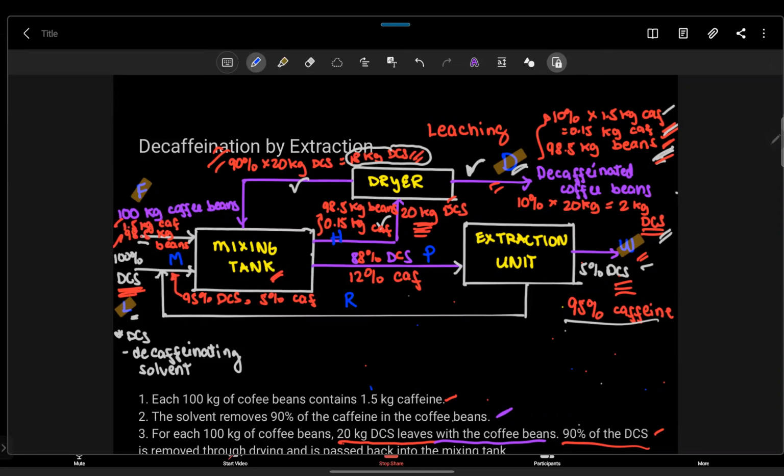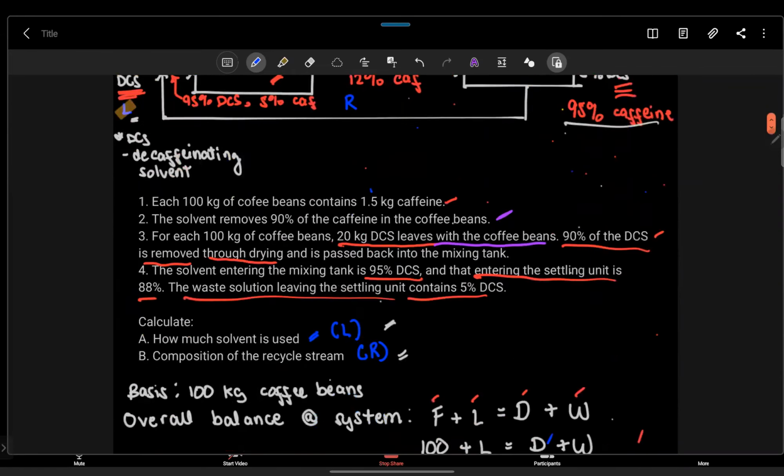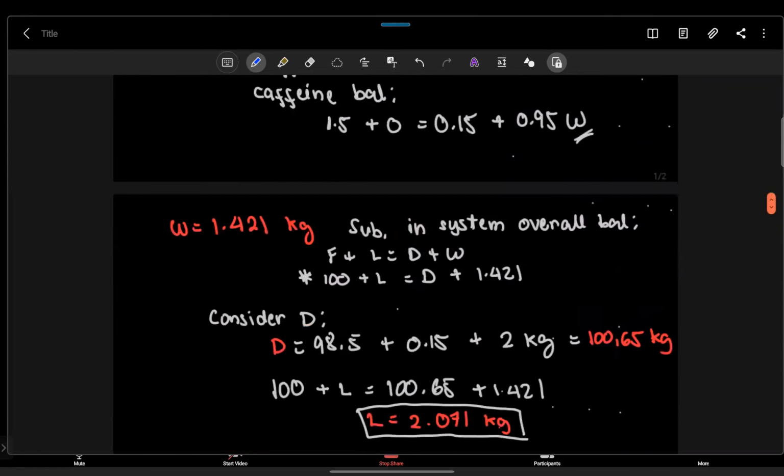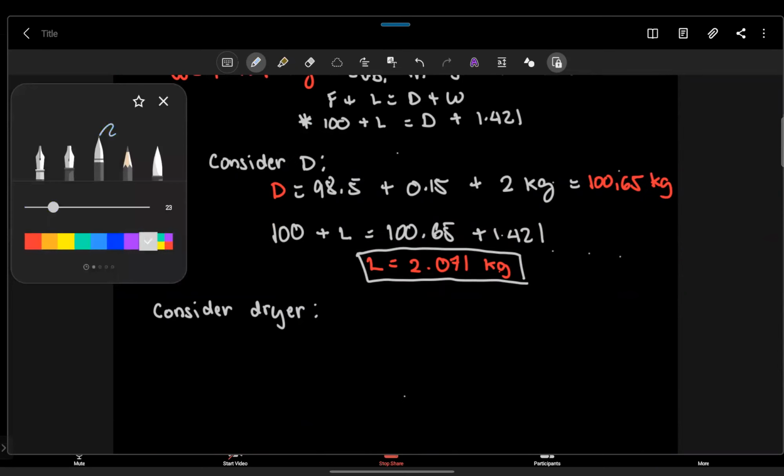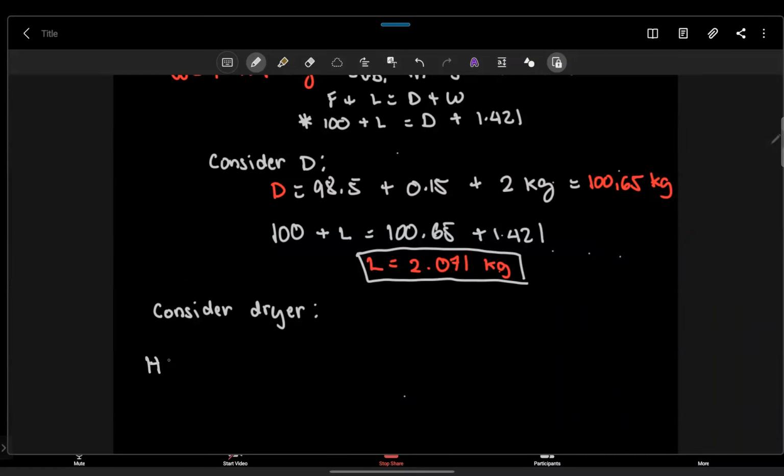So if we're going to add all of that, H will be equal to, di ba meron tayong 98.5 na coffee beans plus 0.15 na caffeine plus yung 20 kilogram na solvent. It will be equal to 118.65 kilogram.